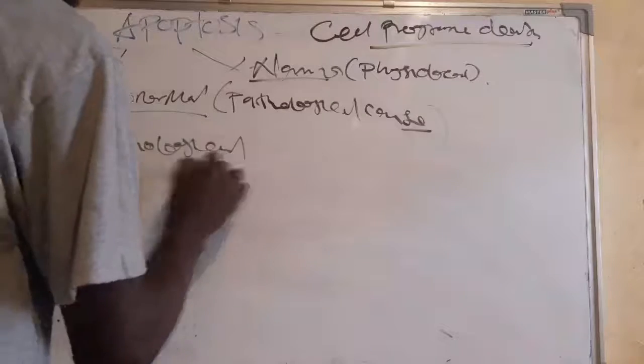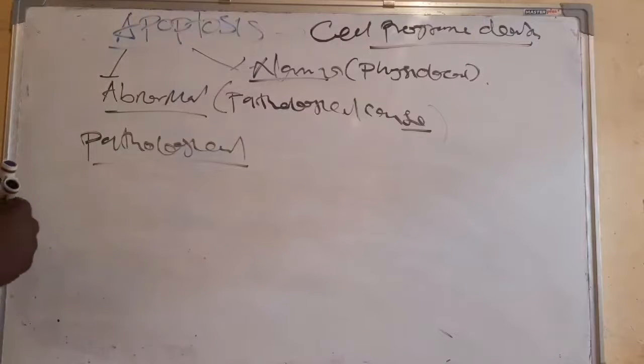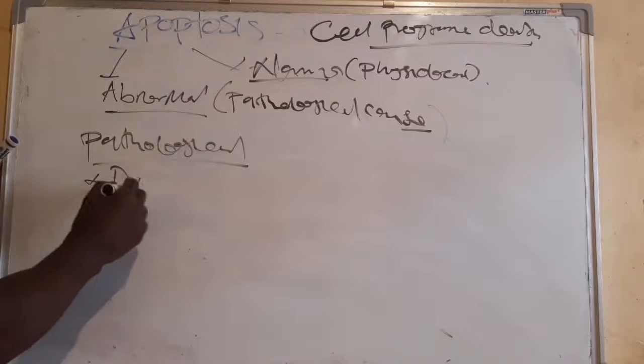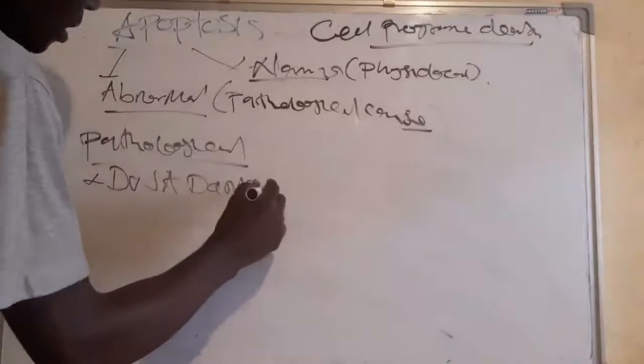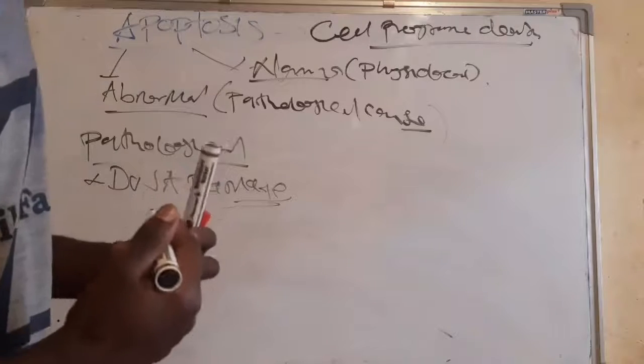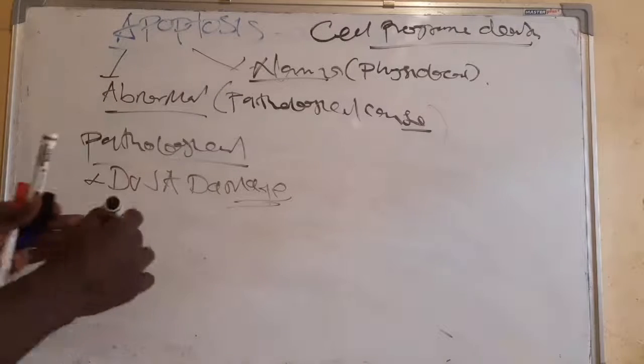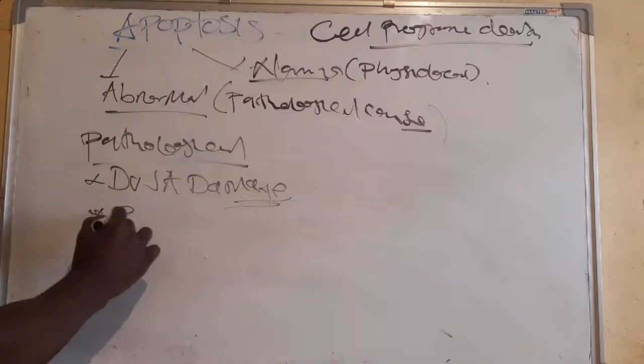So let's talk about the pathological cause of apoptosis. It can be as a result of DNA damage, okay, DNA damage due to some chemicals, and also it can be as a result of protein misfolding.